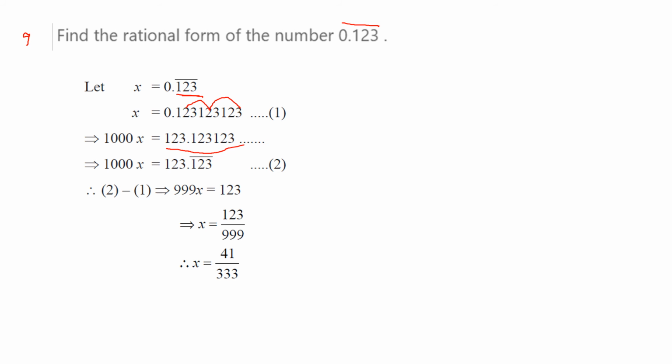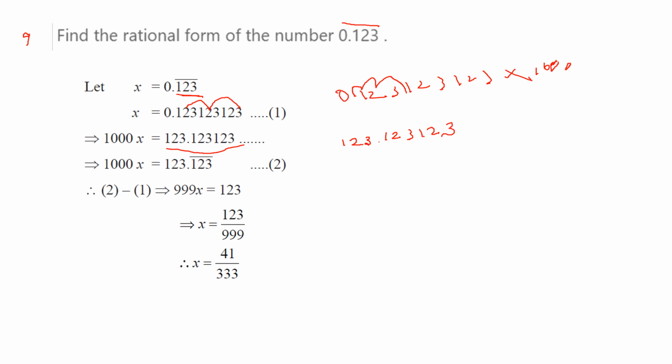That means 0.123 123 123 into 1000 means 123.123 it will come.